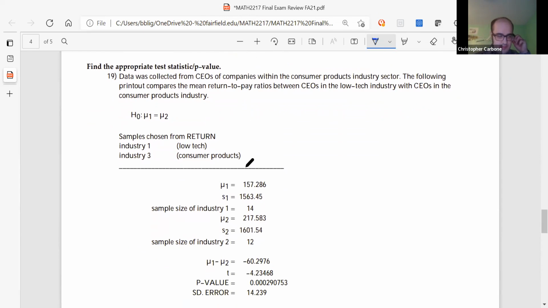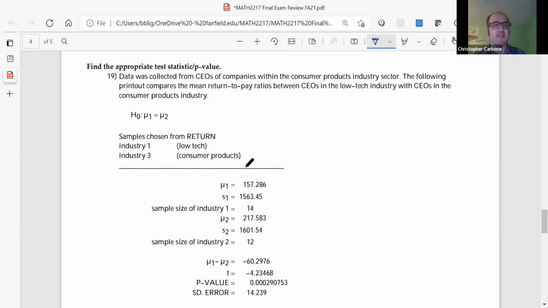Question number 19. Let me backtrack. We want to find the appropriate test statistic specifically for this. And we have data collected from CEOs of companies within the consumer products industry sector.